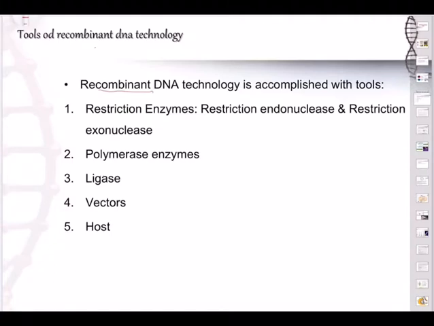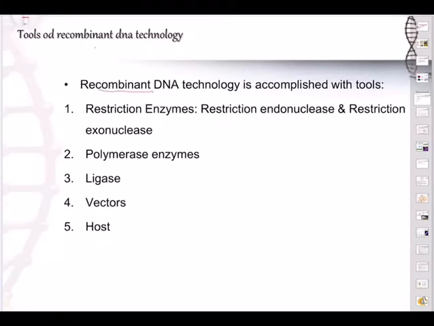Among these, we talked about basically four nitrogenous bases in DNA: A and T always in combination, and G and C, guanine and cytosine. So adenine-thymine combination, guanine-cytosine combination. That is the composition of DNA. And what is recombinant? We are adding something new from another source. If we add it to the DNA of a particular organism, that becomes a recombinant DNA.